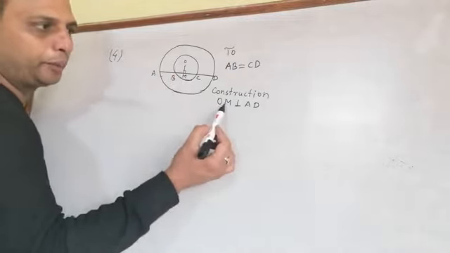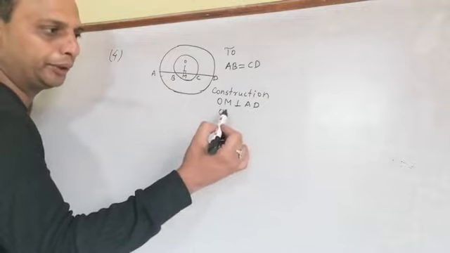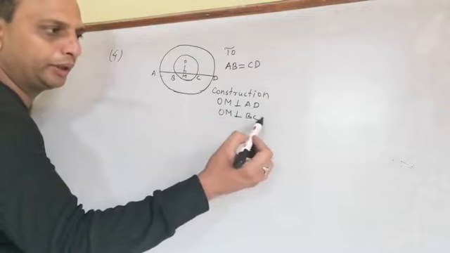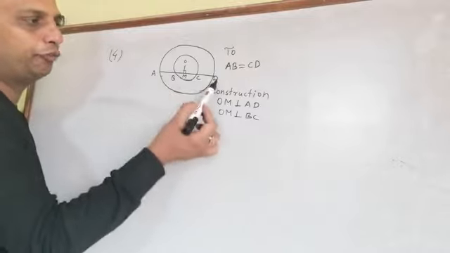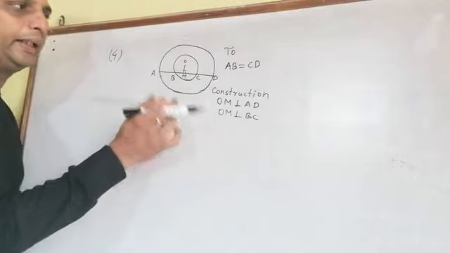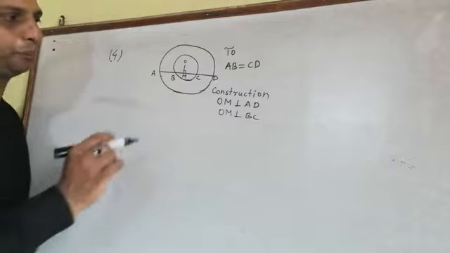OM is perpendicular to AD and OM is perpendicular to BC also, but it is not required to write BC, because if the complete line makes 90 degrees, it will make 90 degrees in BC also.